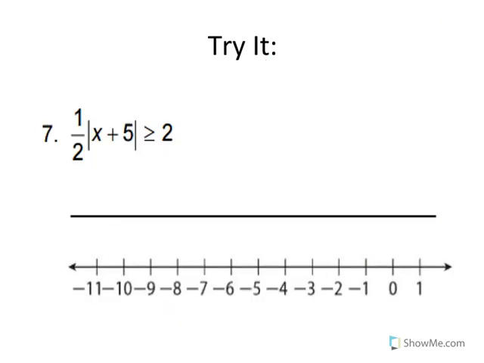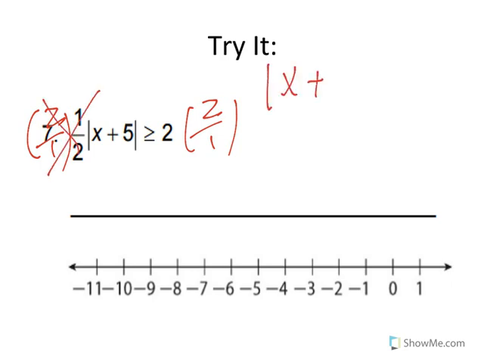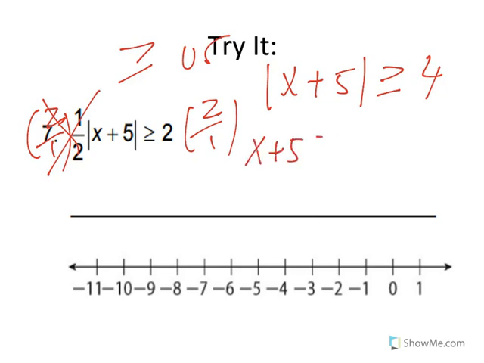Right. Number 8, to solve for x, we need to isolate the absolute value, so we multiply by the reciprocal, 2 over 1, 2 over 1. So that reduces to 1, and we have the absolute value of x plus 5 greater than or equal to 4. Since it's greater than or equal to, we use the term or. So you would set x plus 5 greater than or equal to 4, or x plus 5 less than or equal to -4.